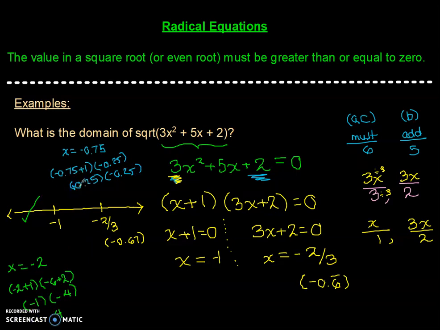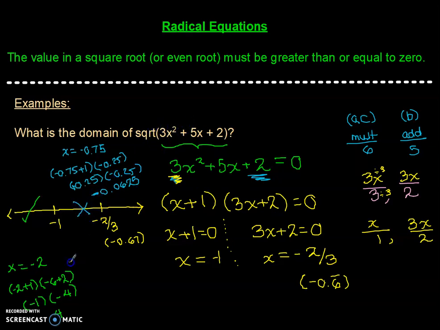Positive 0.25. So when I multiply these two, I will get negative 0.0625, which, the decimal's fine. It's negative. So I know that if I were to replace anything in the middle between negative 1 and negative 2/3 into the value of x, it would give me the square root of a negative.